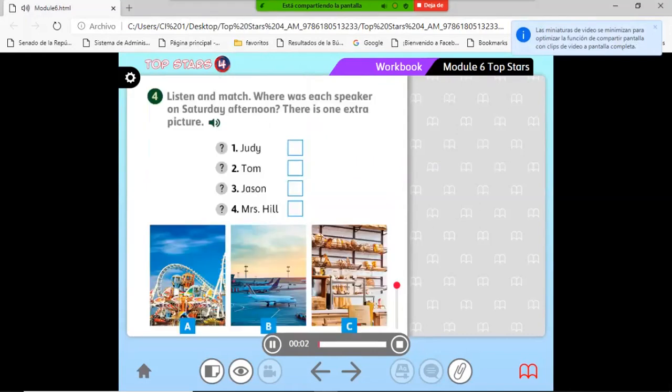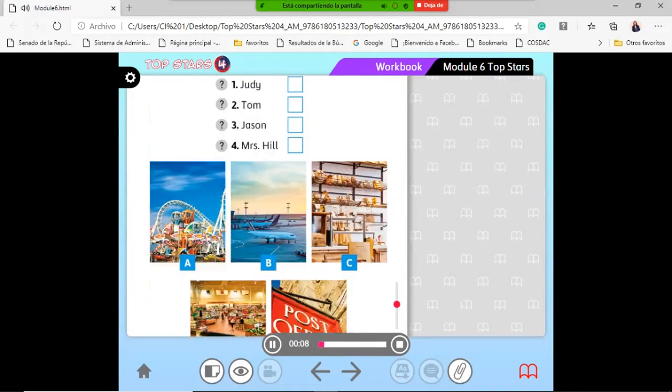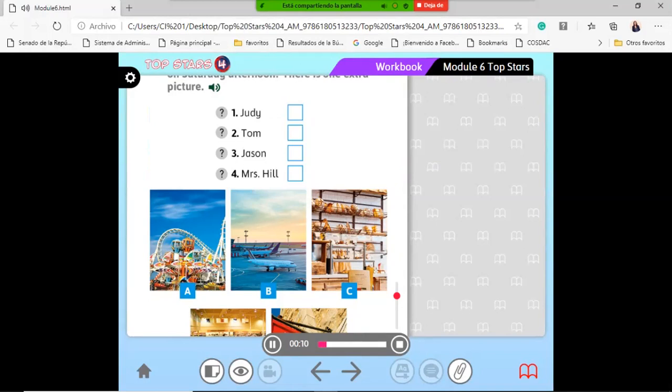Workbook, Module 6, Top Stars. 4. Listen and match. Where was each speaker on Saturday afternoon? There is one extra picture. Good morning, children. How was your weekend? Judy? It was great, Mrs. Hill. I went to the amusement park with my mom and dad on Saturday afternoon. We had a lot of fun. That's nice, Judy. How about you, Tom? What did you do on Saturday? I was really tired on the weekend, Mrs. Hill. Did you stay at home on Saturday?